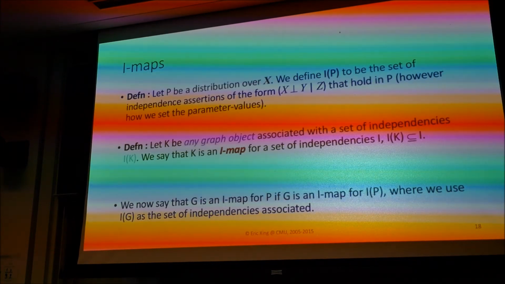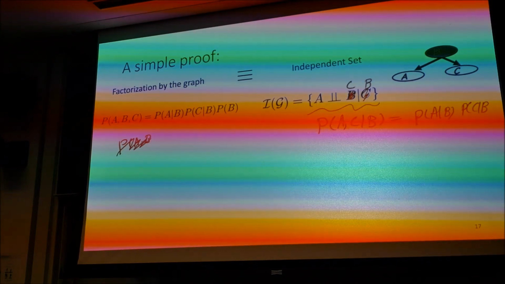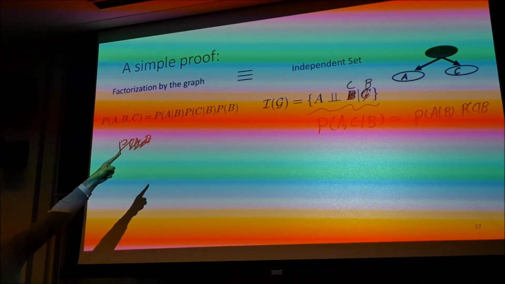Right? That's the same thing, right? So if I prove that, I'm done. How can I prove it? The probability of A, B, C is equal to the probability of A, yeah, that's the one on the top.